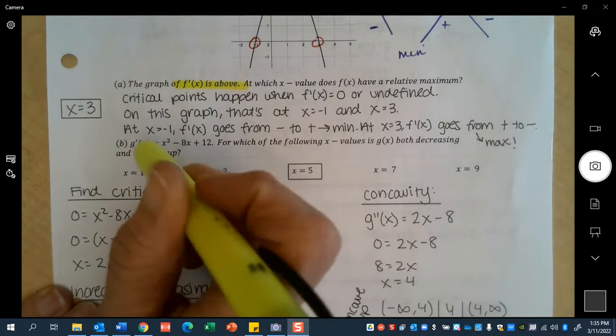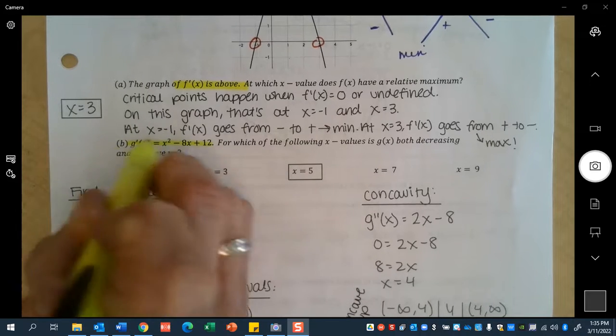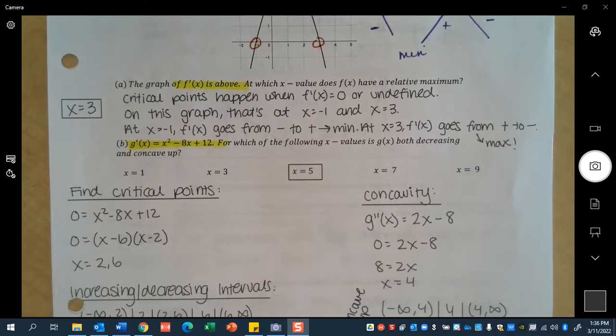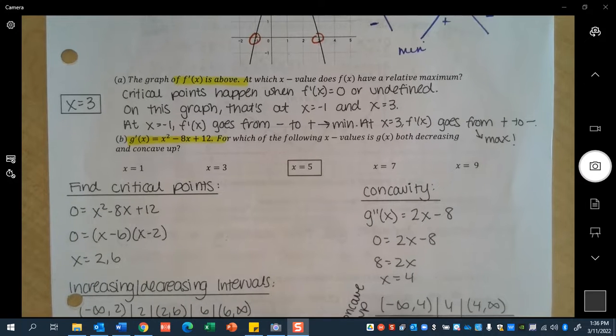So here is my derivative. We can factor it and find our critical points here at 2 and 6.